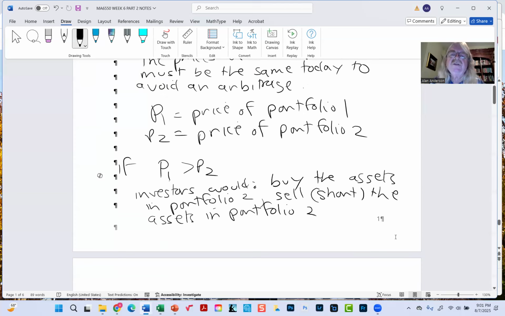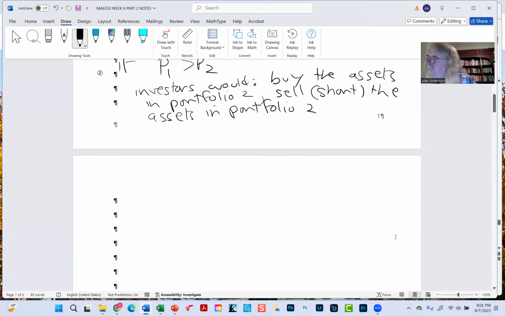And so what this is going to do is the cash flows today. You're paying for portfolio two, you're short selling. Oh, I just realized this is not right. Sorry, this is portfolio one.